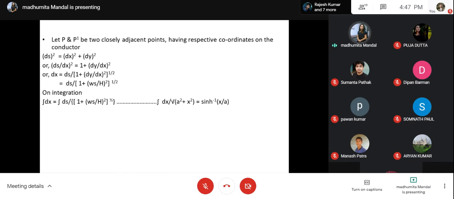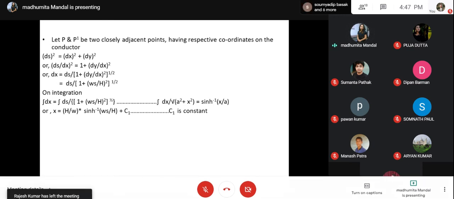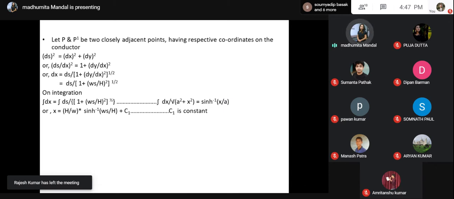So this equation can be written in this form, and if we integrate it, x will be equal to H by w sinh inverse of Ws by H plus c1, where c1 is a constant. If we consider the initial condition at O, point O means the lowest point. At the lowest point, x is equal to 0.